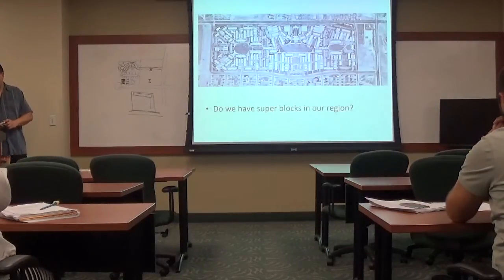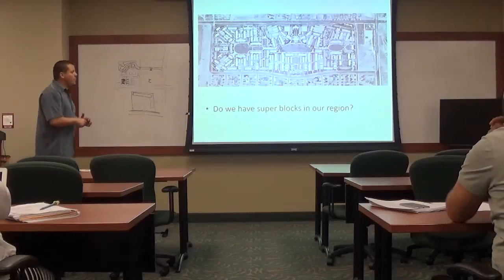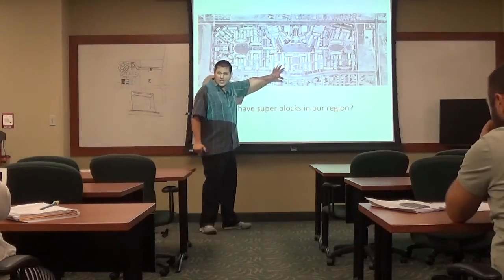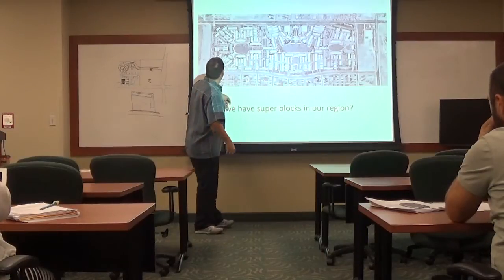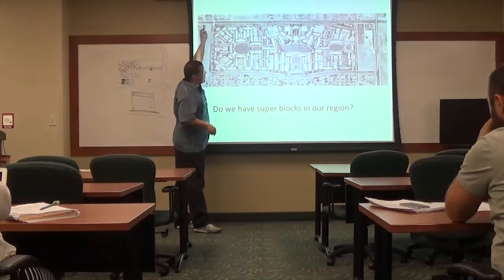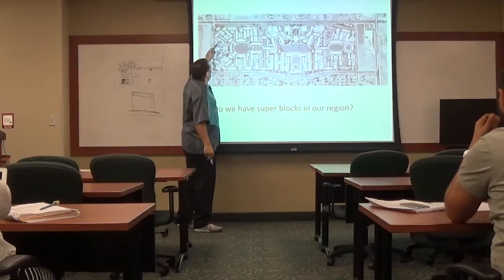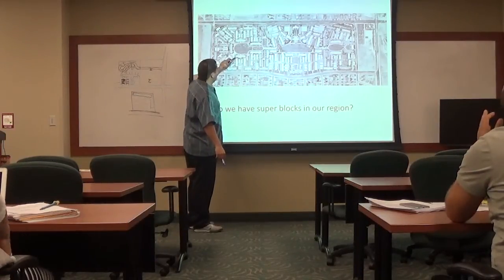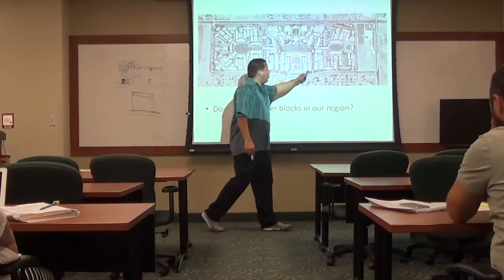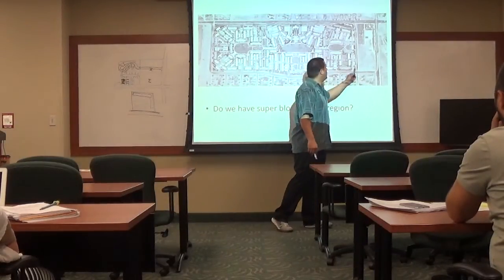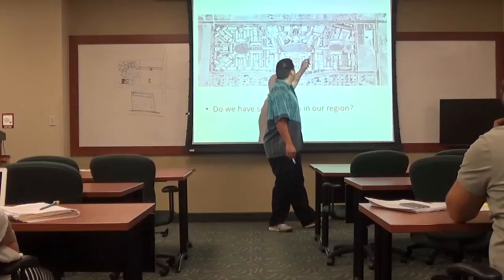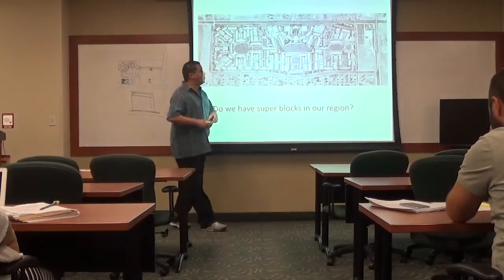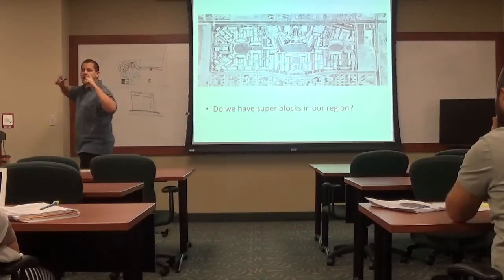Which means, this is an example from the book, do we have super blocks in our region? This is an example of 50 acres and larger, where you actually have a major road. Correctly, I rotated this whole thing. And you actually create a specific, almost campus-style mall system where you create your own circulation patterns, even a park or a lake, and you make sure that you're contained inside the property.